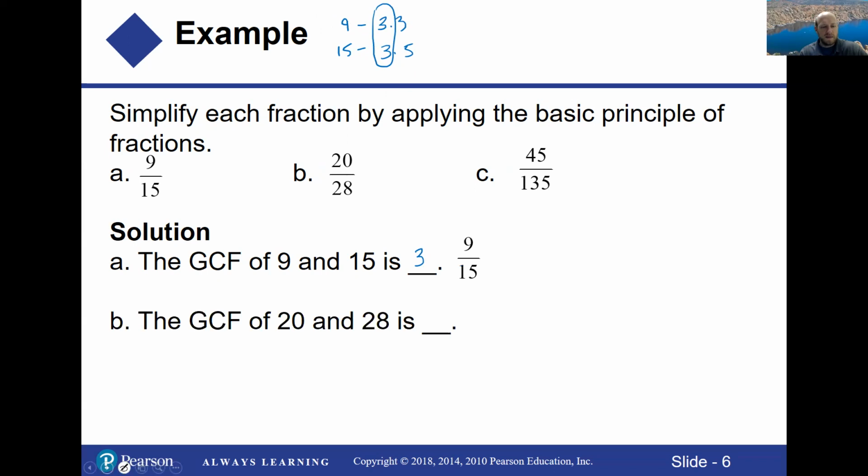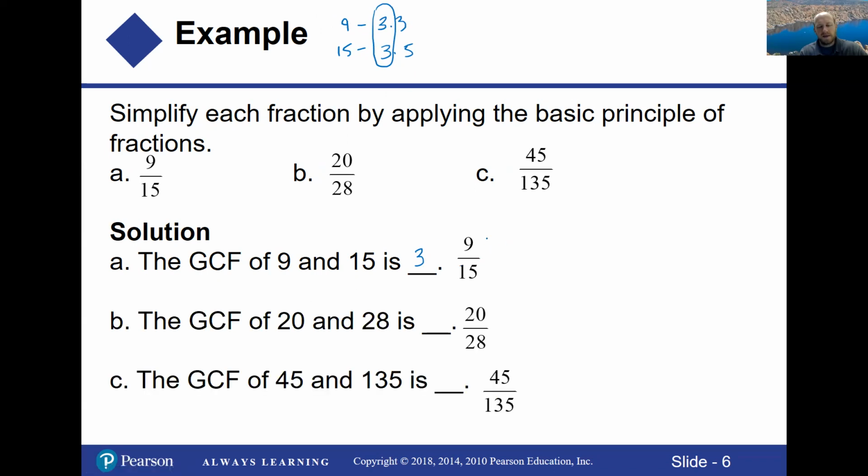So then what we do to simplify this is we take the GCF and there's a couple different ways that we could do it. We could divide it by 3, okay? Or we could kind of break this up. So we could divide by 3, divided by 3.